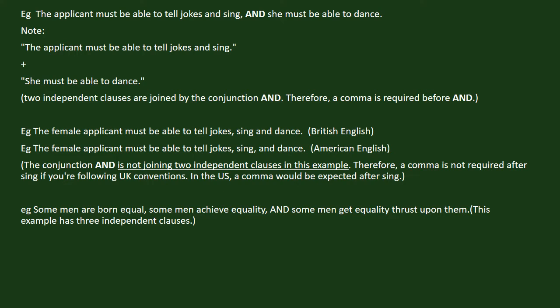But in American English, after the word sing, there is a comma. 喺英國英文裏面呢，sing 之後係唔需要加逗號嘅，但喺美國英文裏面呢，sing 之後要加逗號嘅。And the reason is, the conjunction and is not joining two independent clauses in this example. Therefore, a comma is not required after sing if you're following UK conventions. But in the US, a comma would be expected after the word sing.